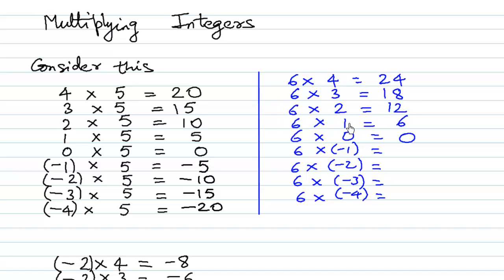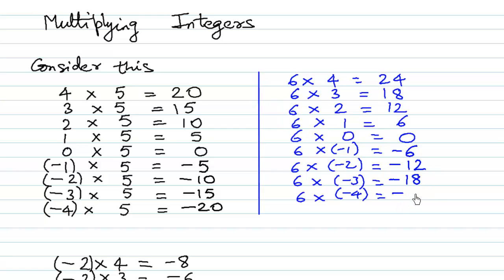Similarly, if you look at this pattern, 6 fours is 24, 6 threes is 18, 6 twos is 12, 6 ones is 6, 6 zeros is 0, and then the numbers further decrease by 1. So negative 1, negative 2, negative 3, negative 4 and so on. And over here the numbers are decreasing by 6 at a time. So the next number should be negative 6. And then the next number should be negative 12. The next number should be negative 18.